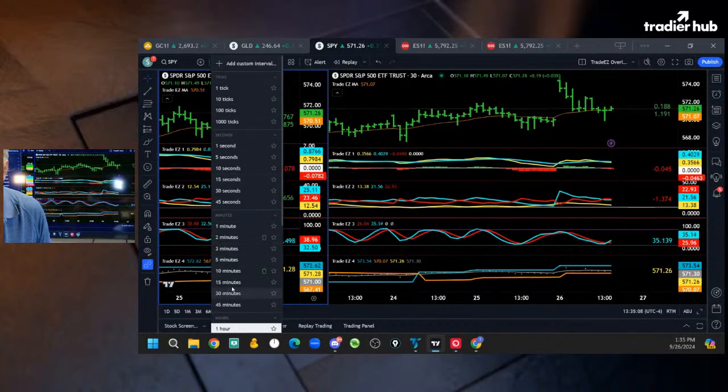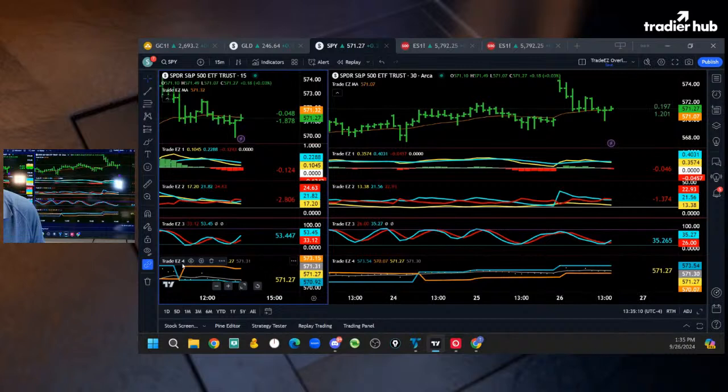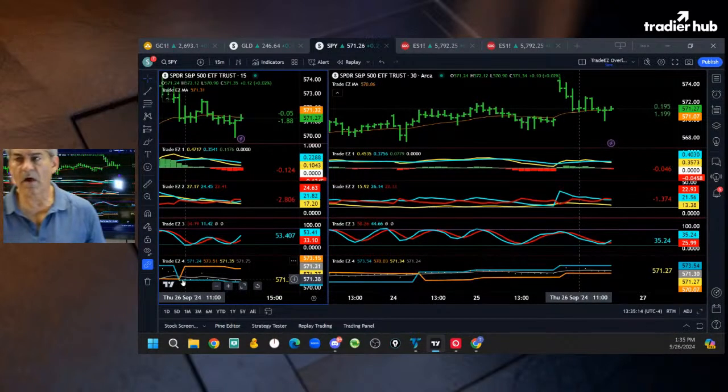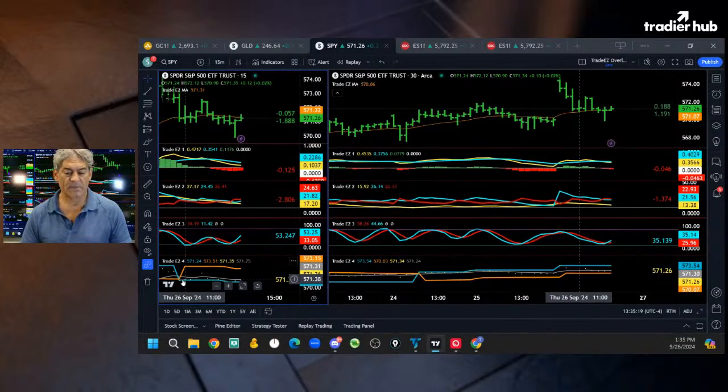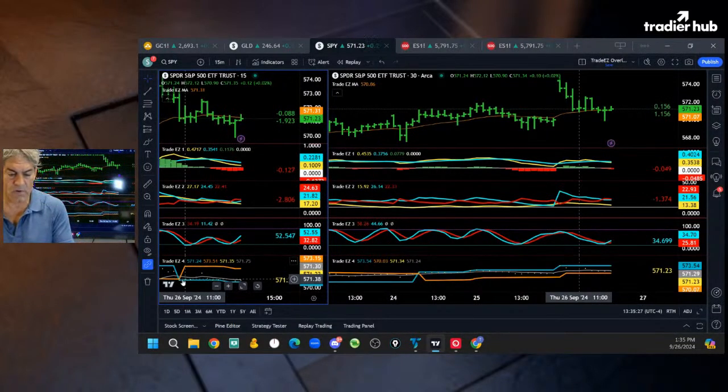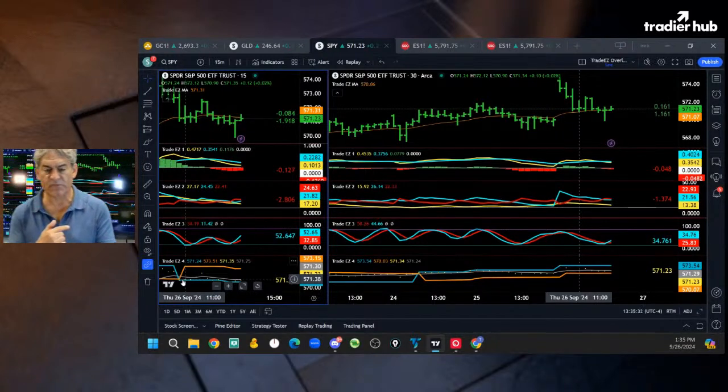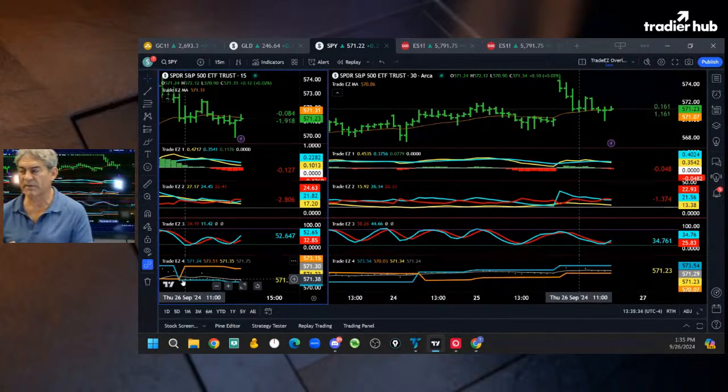When the 15-minute time frame reversed to sell right here at about 10:45, basically I stated that the highs are in for the day. So we went from the 15-minute, the 30-minute, and the 60-minute time frames all in buy mode, and then once the 15 reversed to sell, you have what's called a disconnect.